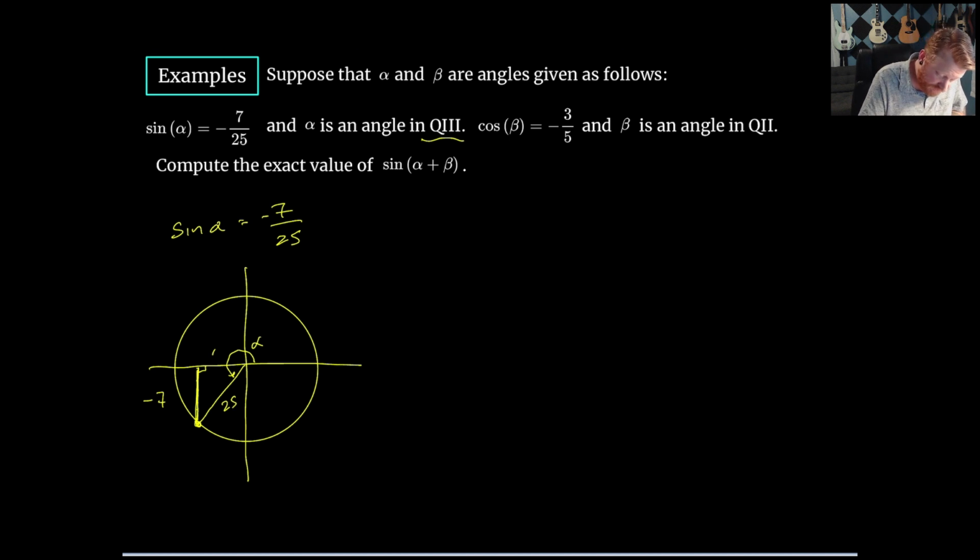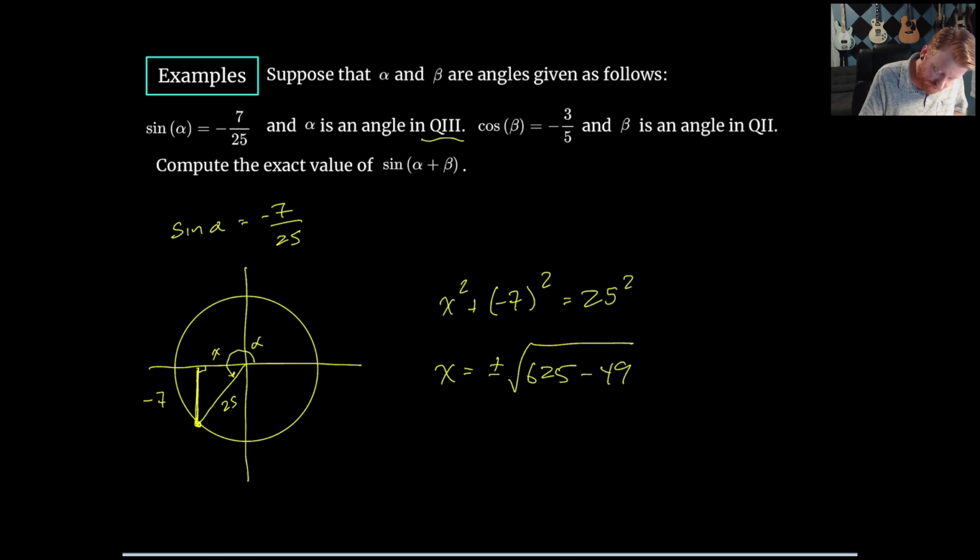And if I want to figure out what this x value is here so that I can get the cosine of alpha, let's do that. We would get x squared plus negative 7 squared is equal to 25 squared. So we would get that x is equal to plus or minus the square root of 625 minus 49. We're getting x is equal to plus or minus 24.